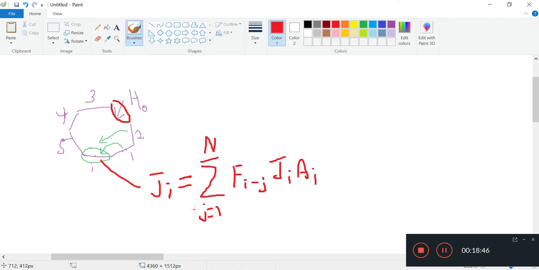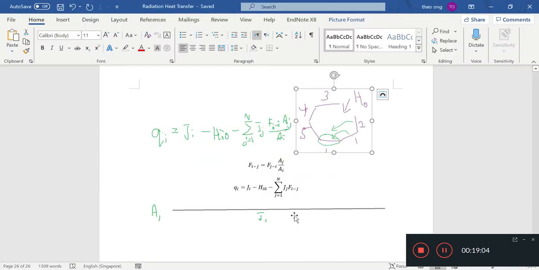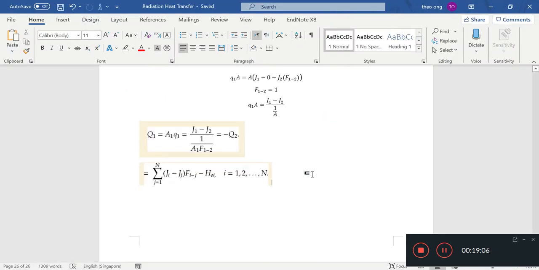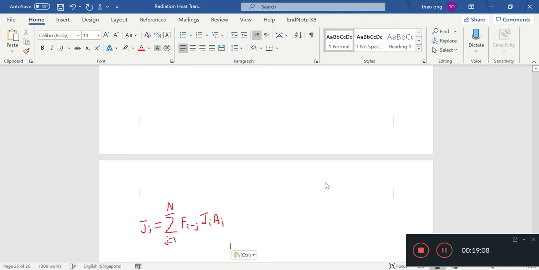So the heat transfer from here to here is one part, from here to here is the other part, from here to this opening is another. 4, 5, 6. There are so many other surfaces, so we can take this into account. That's the first thing.